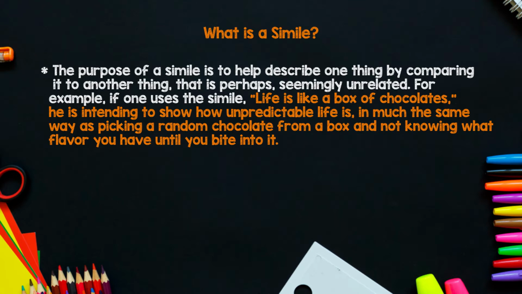However, the intention here is to show how unpredictable life is, in much the same way as picking a random chocolate from a box and not knowing what flavor you have until you bite into it.